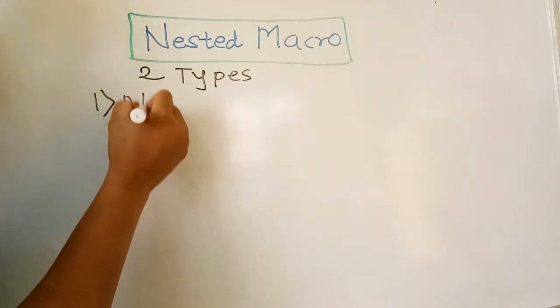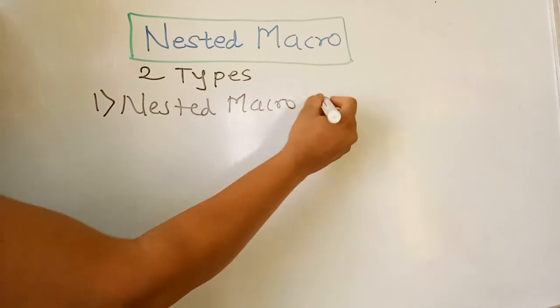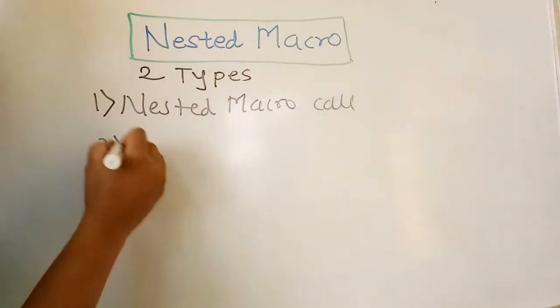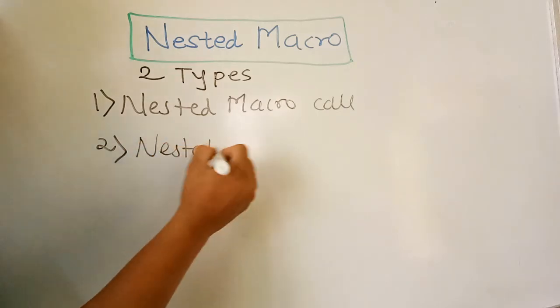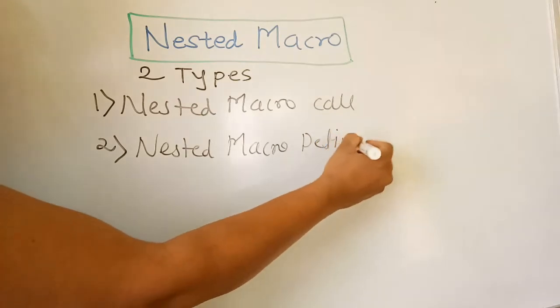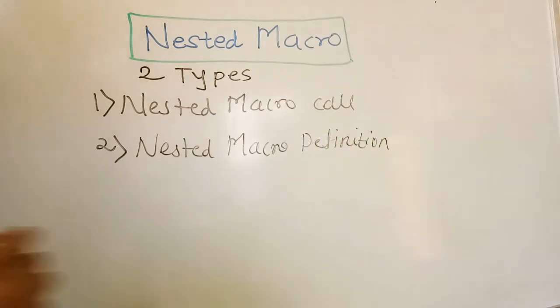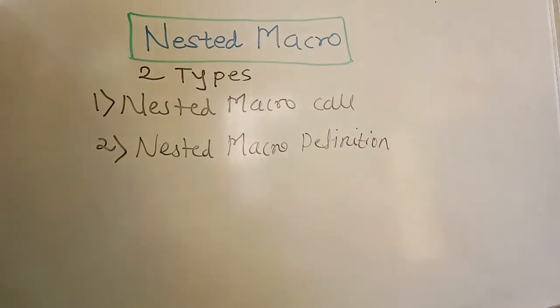First is the nested macro call, and second is the nested macro definition. What do these two parts mean? We will see them separately.